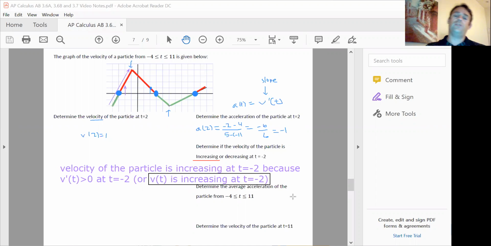Average acceleration, all right? So average acceleration, now be careful. If I ask you for average rate of change, or try this one, average velocity would have been slope of position. So average acceleration would be slope of velocity. I'm going to write that again here just so we all have that there.